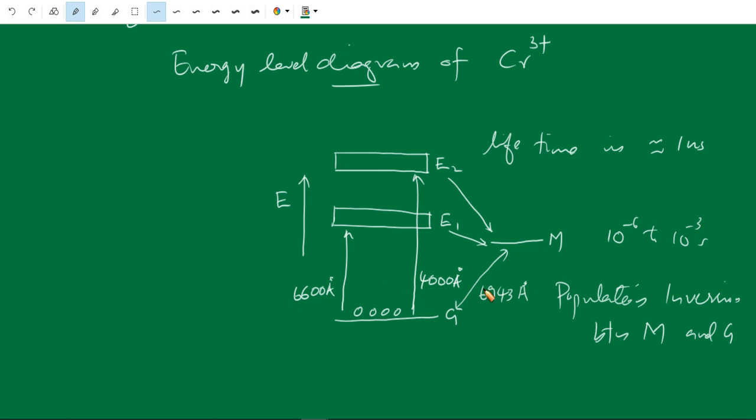So the transition is between metastable state M and ground state G.